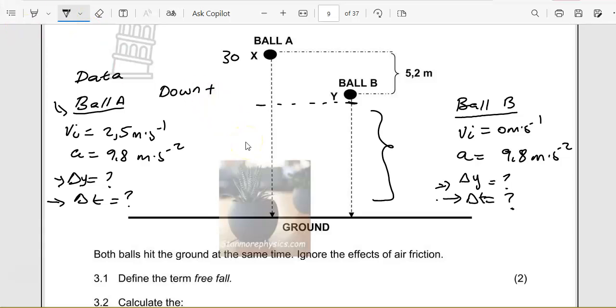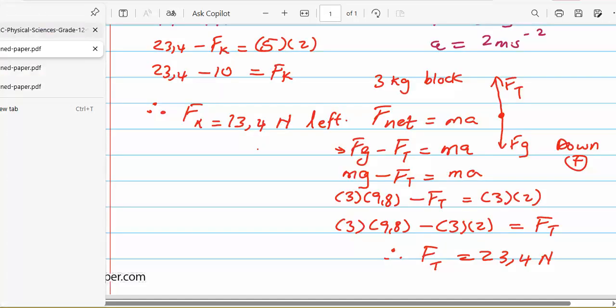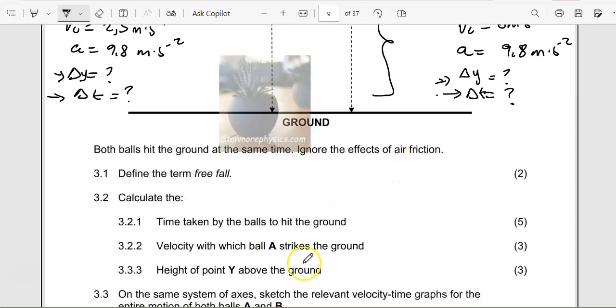Then if you can manage to know that if you subtract the difference from the height of ball A, these two will have the same height. So this tells you that ball A is at this point. They have the same height. You can equate the two equations. You understand? And that's how you solve that question, where they say the time taken by the balls to hit the ground. Are you happy with that, ne?